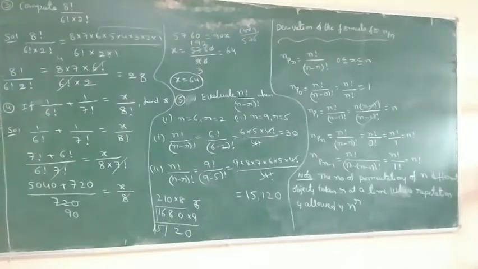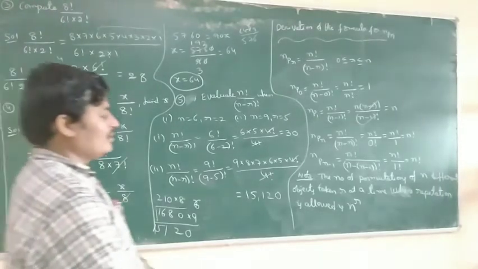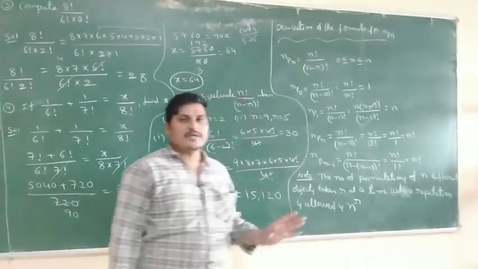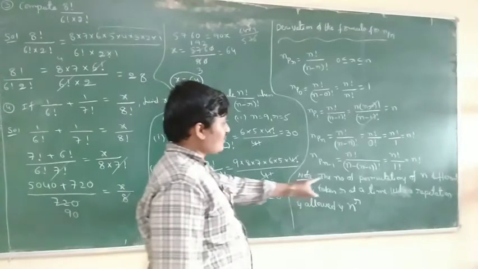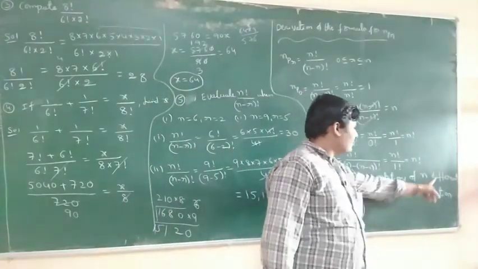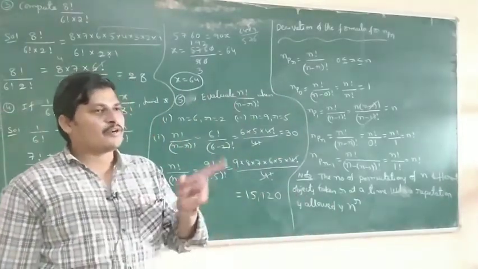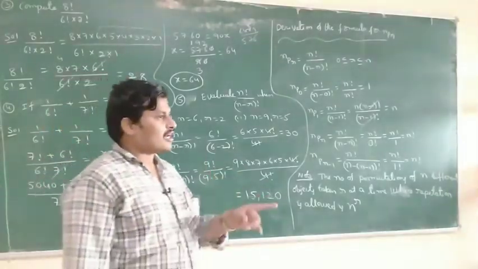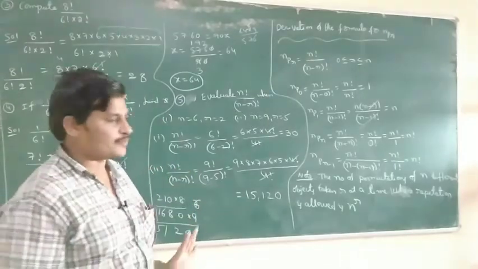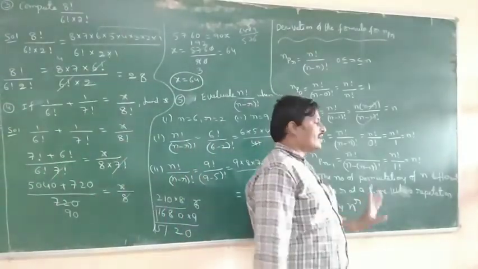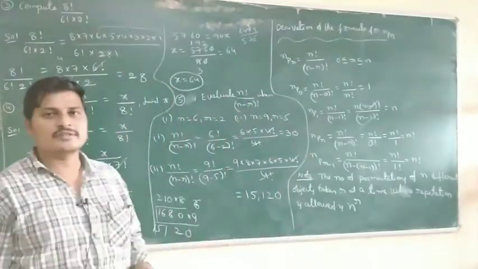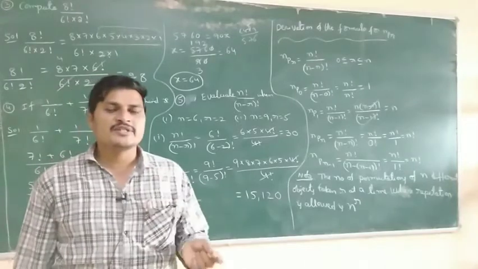The number of permutations of n objects that are not all different, where p objects are of one kind and some others are of another kind, so that repetition and without repetition are separate. For different elements, the permutations of n different objects taken r at a time: for example 1 2 3 4 5 is a different type of element, while 1, 2, 2 is not. Without repetition means nPr, with repetition means n power r.